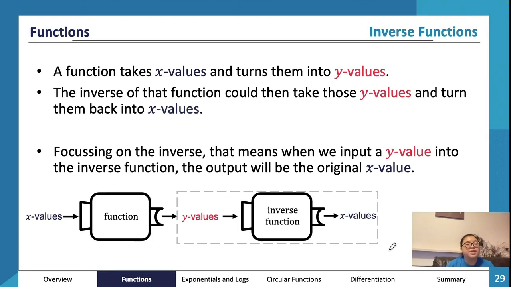So we're inputting y values into the inverse function, and the outputs will be the original x values. You can see that here. So there's a relationship between the domains and ranges of the function and the domains and ranges of the inverse function.